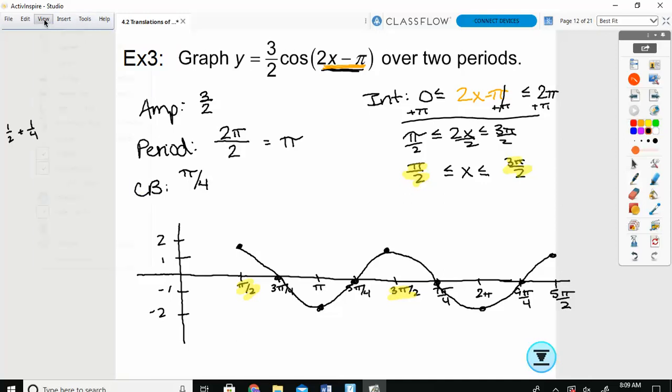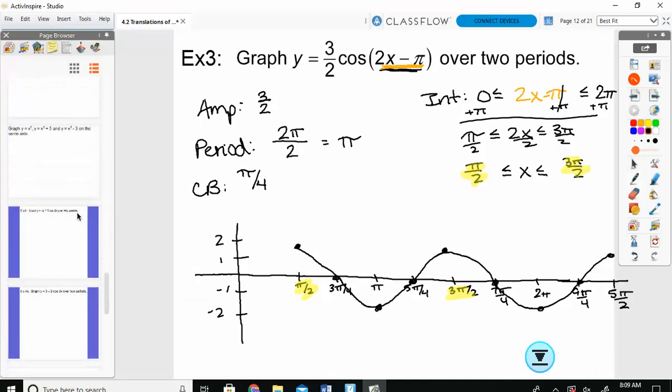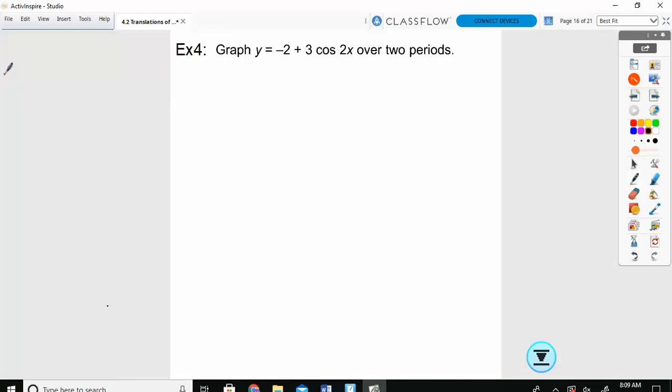2 more problems, if that's okay. I'll get this one. So y equals -2 plus 3 cosine of 2x.